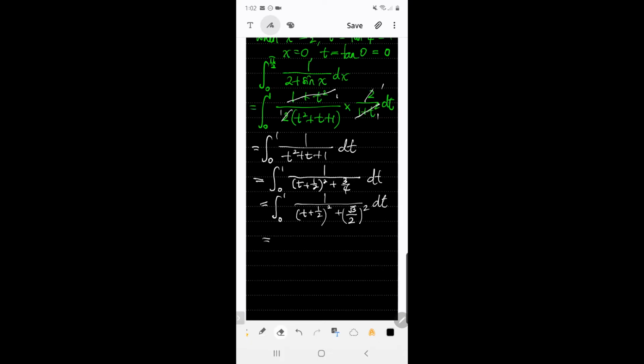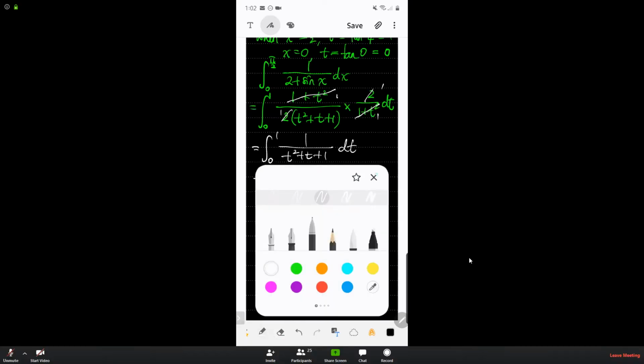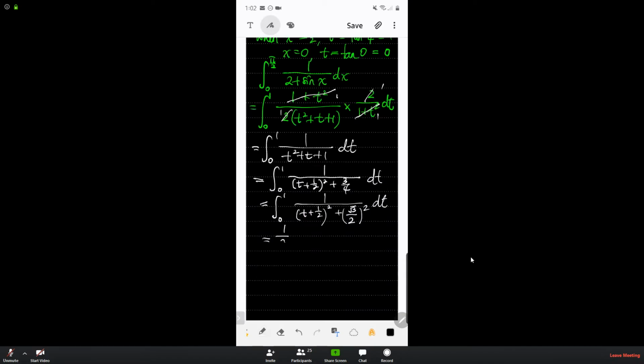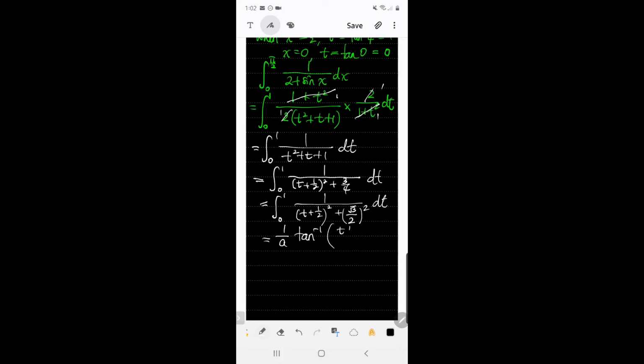Actually, the formula that our friend is using is 1 over a tangent inverse t plus half over a, where a is equal to root 3 over 2.